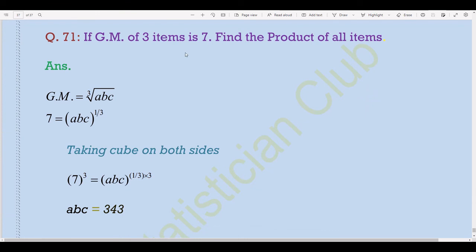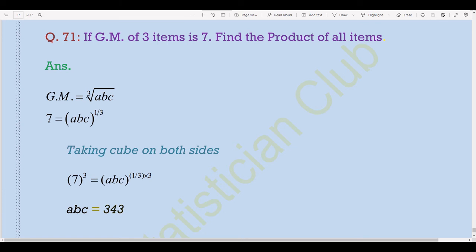Question number 71. If the geometric mean of 3 items is 7, find the product of all items. The geometric mean is equal to the nth root of their product. Because we have 3 observations a, b, c, we can write it as the power of 1 over 3. So the geometric mean of 3 observations is 7.